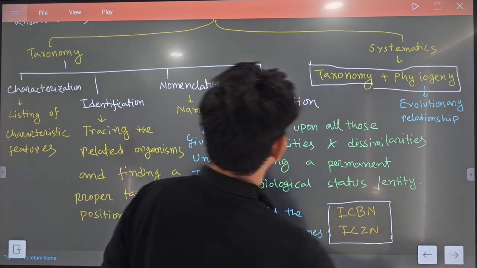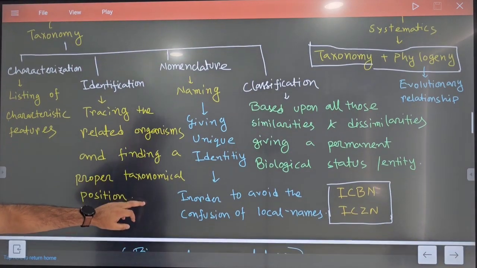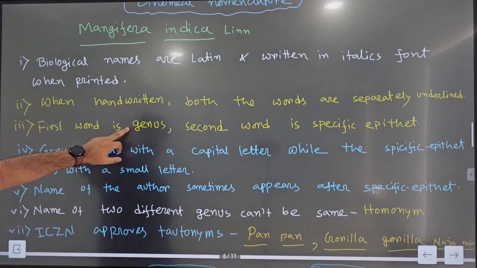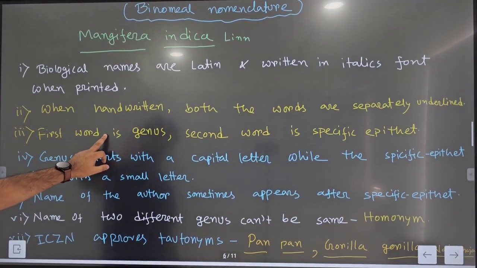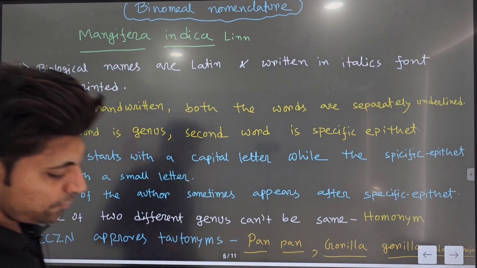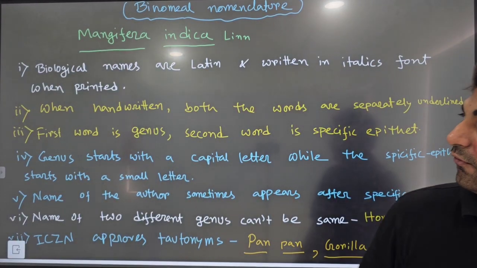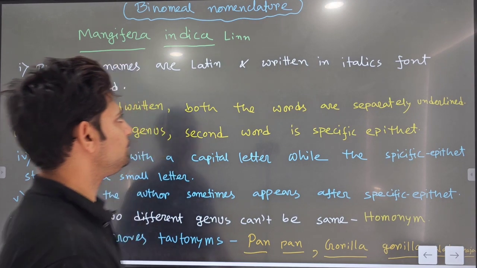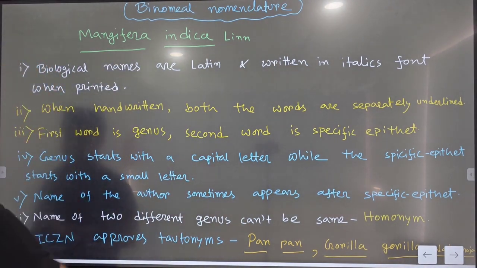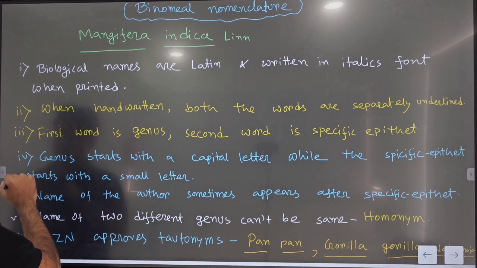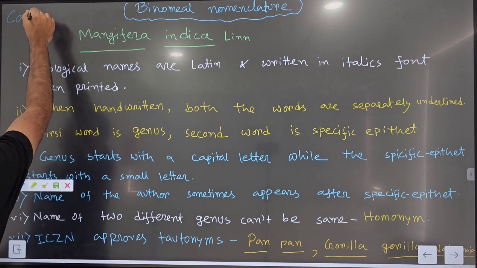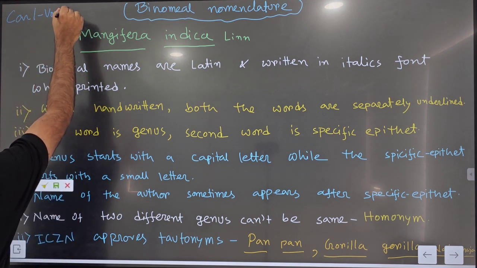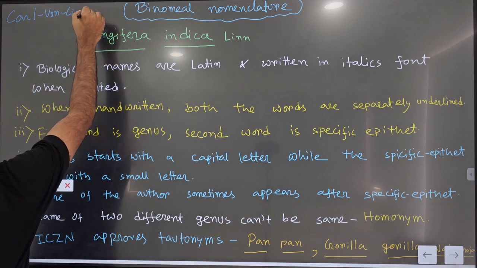Now we are moving to the next topic. We'll talk about binomial nomenclature. So, who is the father of binomial nomenclature? Carolus Linnaeus. His name was Carl von Linné.